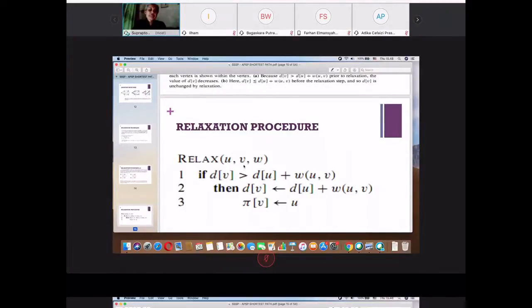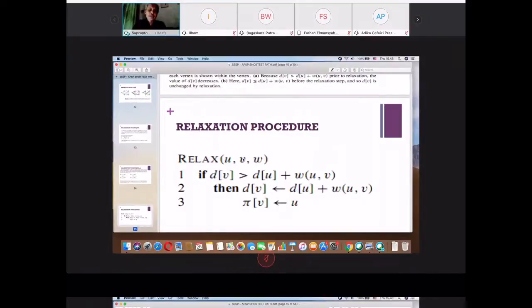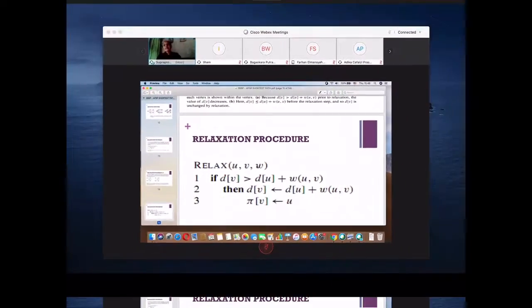And V is the final vertex that has the weight of the shortest path from S to V. The small w is the name of the weight function.